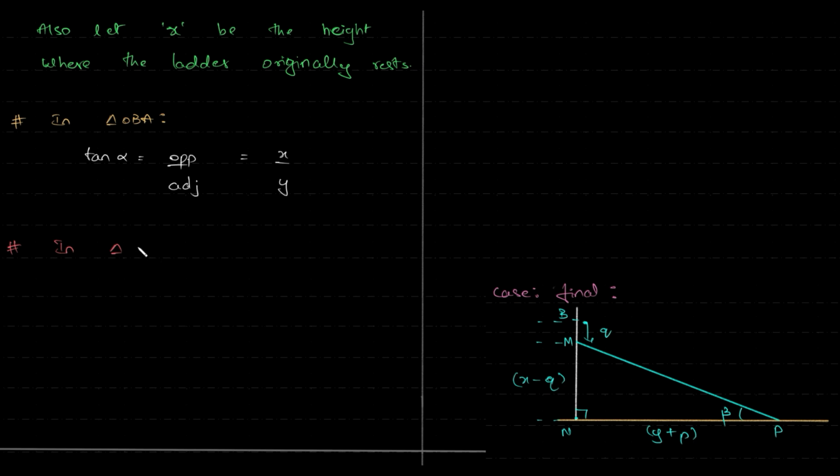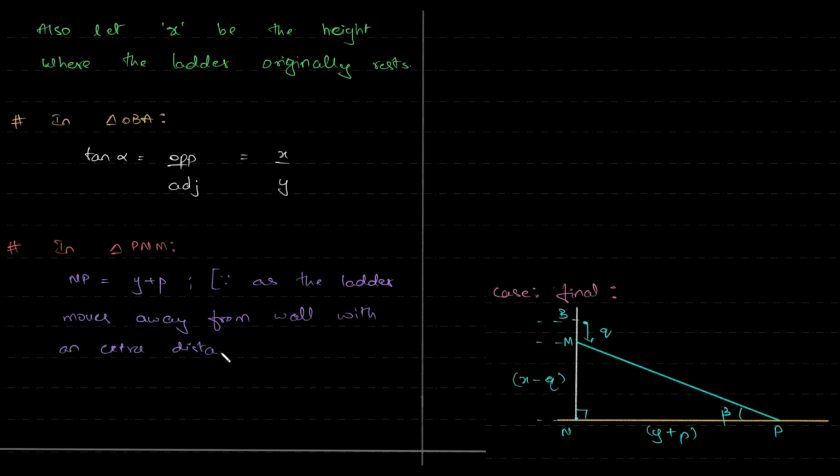Okay, we are looking at P and M. So we will say NP is equal to y plus p, as the ladder moves away from the wall with an extra distance of p.